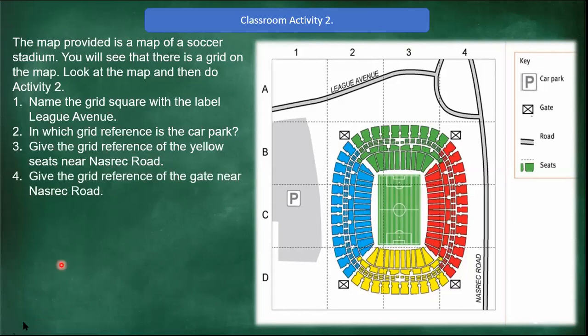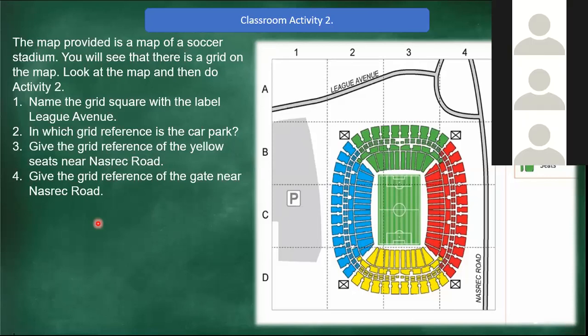Question 4. Give the grid references of the gate near Nisrek Road. Taryn, D4.